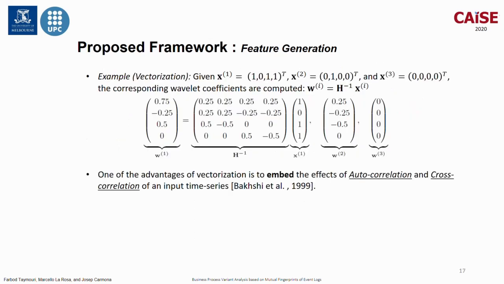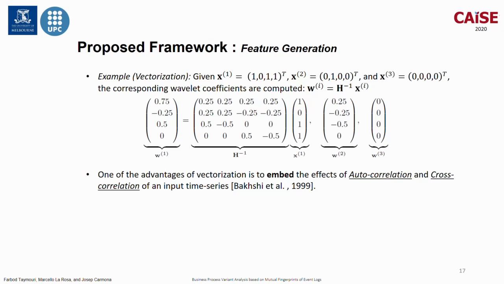In vectorization, for each binary time series, the corresponding wavelet coefficients are computed. But why do we need wavelet coefficients and not work with binary time series, as both are kind of vectors? The reason is a time series has 2 characteristics called autocorrelation and cross-correlation. The former happens when the value of a time series is correlated with its past values.